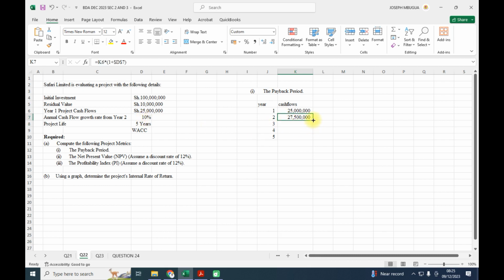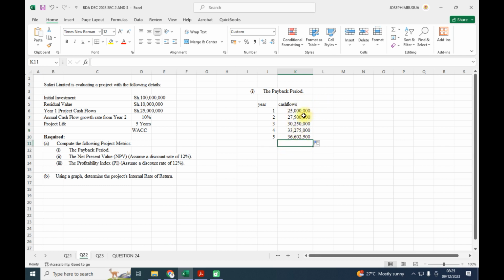And let me see whether it will pick. That one is okay. So that the next one will be K7, so it is picking this by the rate. The other one is this, it is picking K8, this value. So that is it. So the annual cash flow growth. So this will be our cash flows.